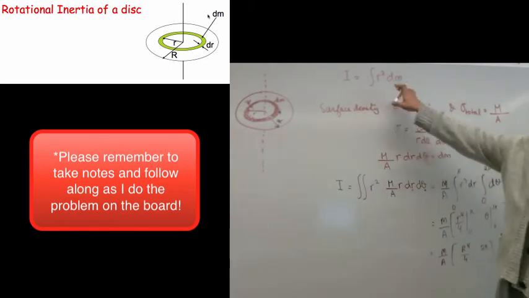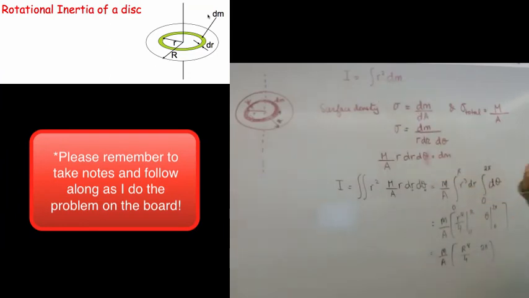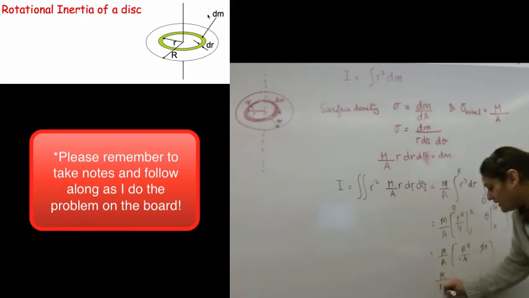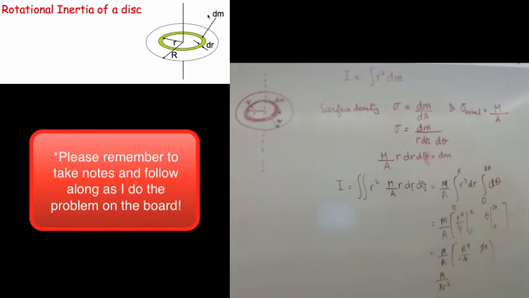However, this does not have the same units as before, so we have to go back to those units. This implies this 4 will get canceled with this 4, and I'm going to rewrite this as mass. What's the area of a disk? Pi r squared. That's about it.